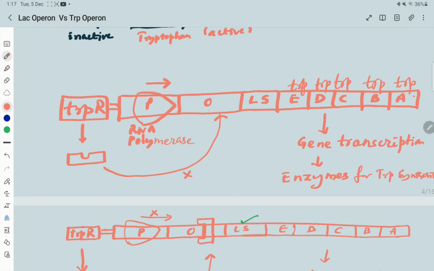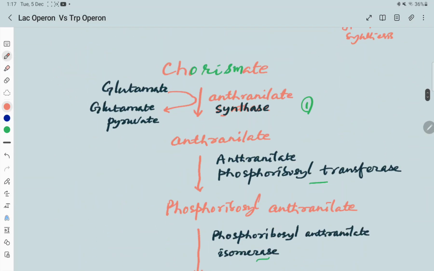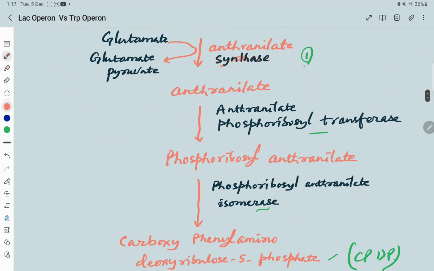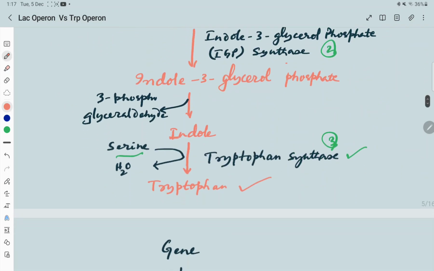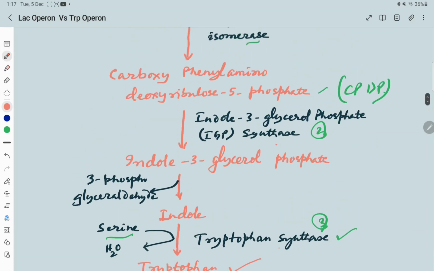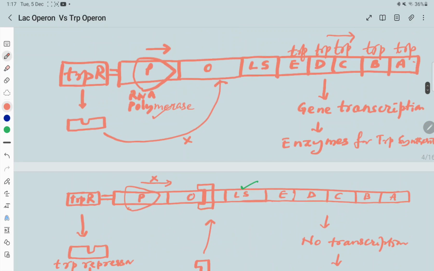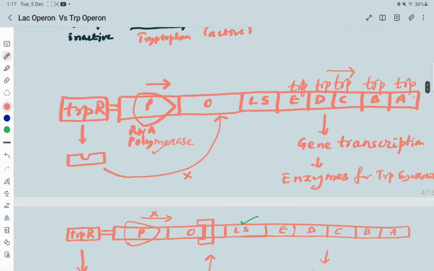So there will be transcription because RNA polymerase can move along the structural genes. And these enzymes which are produced, like anthranilate synthase, IGP synthase and tryptophan synthase, will help in synthesis of tryptophan. So normally this operon is on.